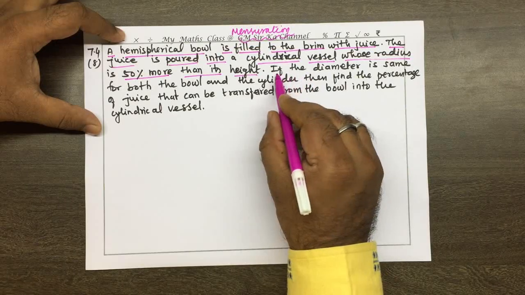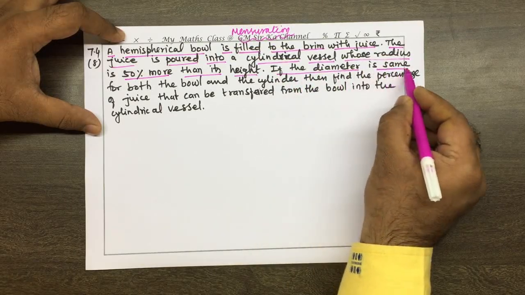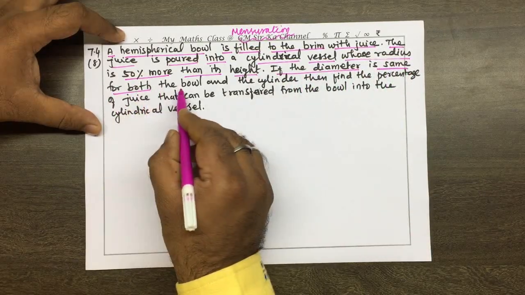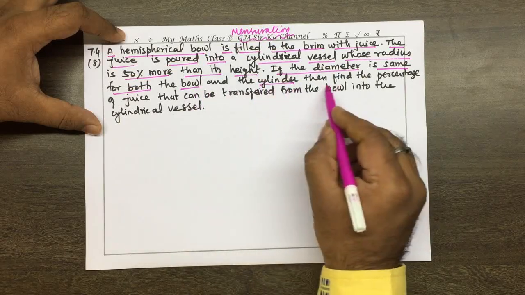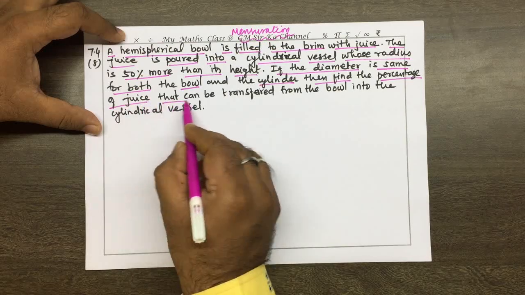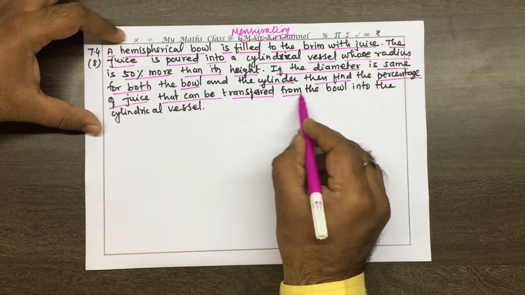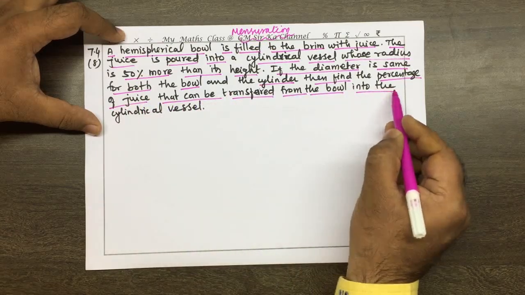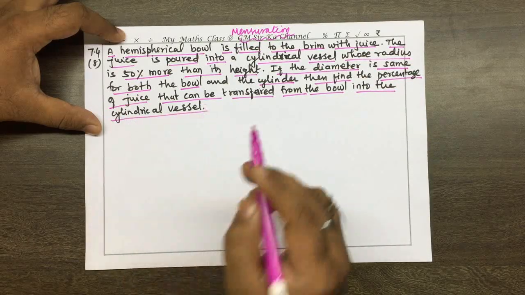If the diameter is the same for both the bowl and the cylinder, then find the percentage of juice that can be transferred from the bowl into the cylindrical vessel.